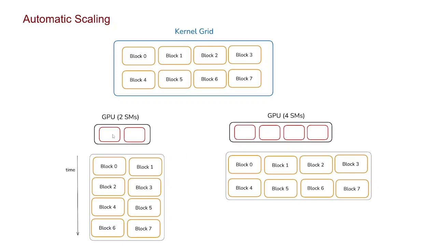But individually, each streaming multiprocessor doesn't become very different from its previous generation. So for instance, each block has a limit of 1024 threads, and that's been the case for quite a while now. And this scaling up of the GPU by adding more SMs is what is called scaling out.